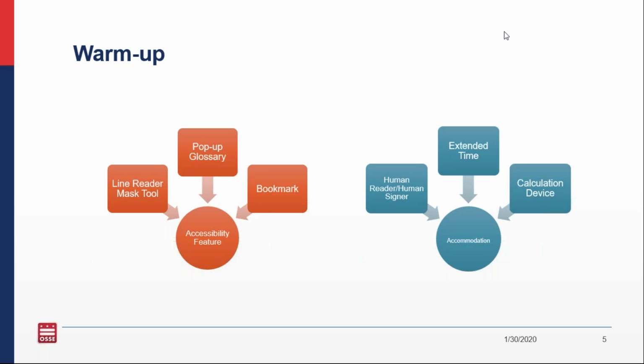So again, hopefully you were able to correctly sort those. I know this can be a bit challenging to differentiate between accessibility features and accommodations, but hopefully by the end of today's presentation, you will be able to successfully identify the process of differentiating between the 2.